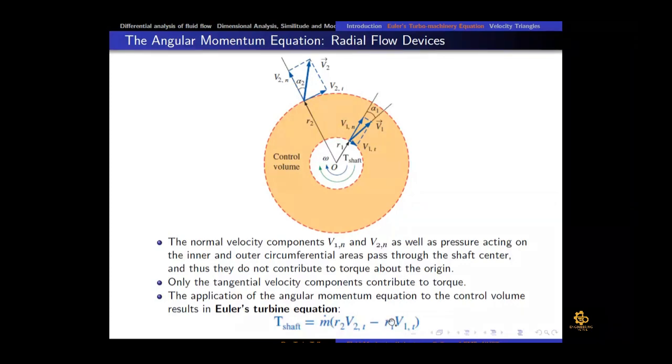We call that Euler's turbomachinery equation. If we want to calculate the resultant torque, it would be equal to this difference: angular momentum at the outlet minus angular momentum at the inlet.